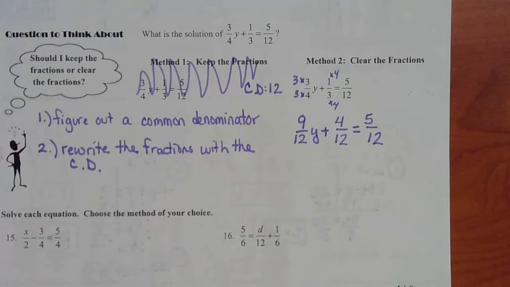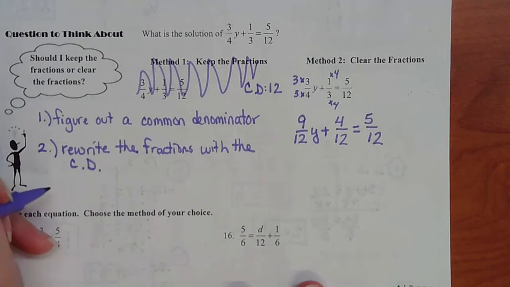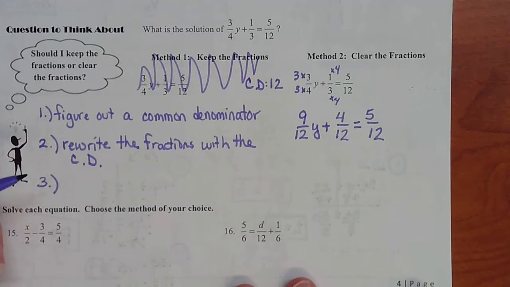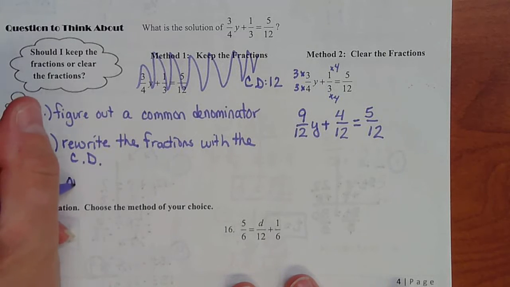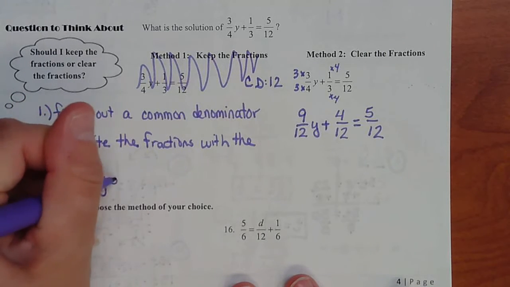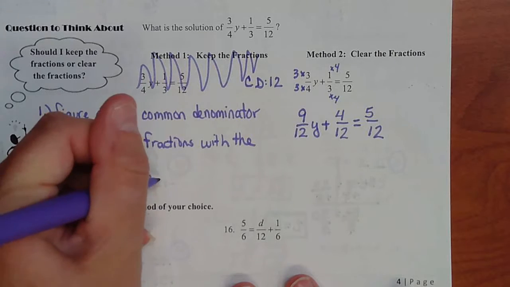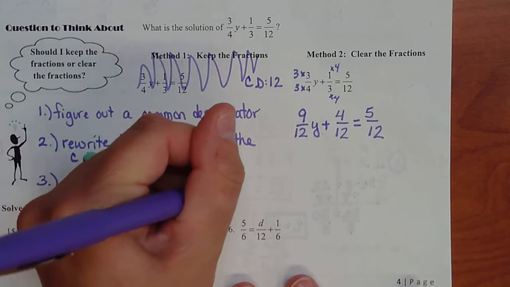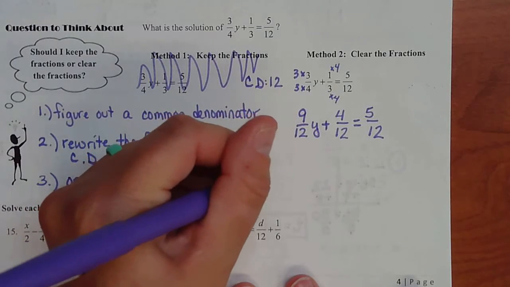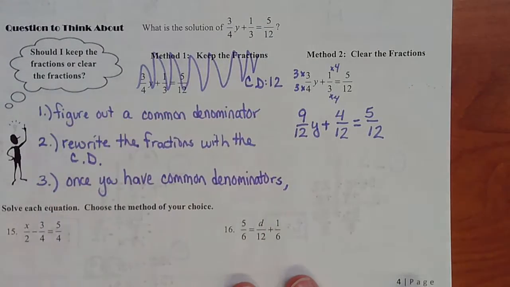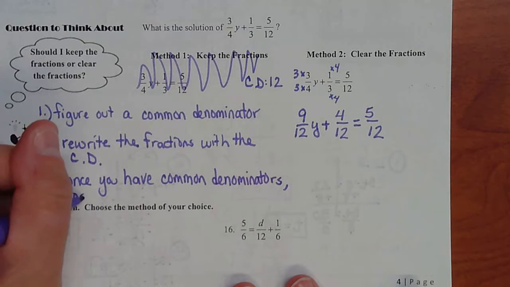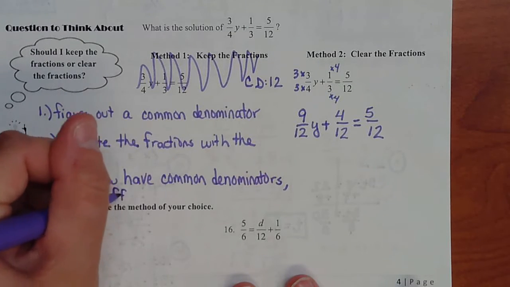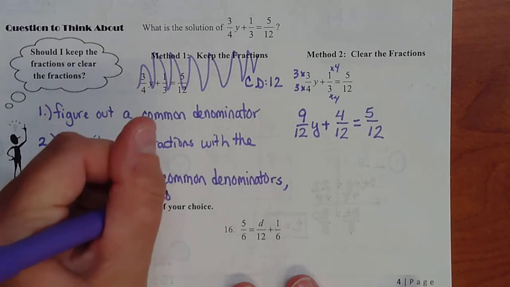This is the best part, you guys. This is the biggest secret in math. I don't know if you've ever even learned this. Here we go. Step 3, the best step. Once you have common denominators, you can cross off the bottom of your fraction.